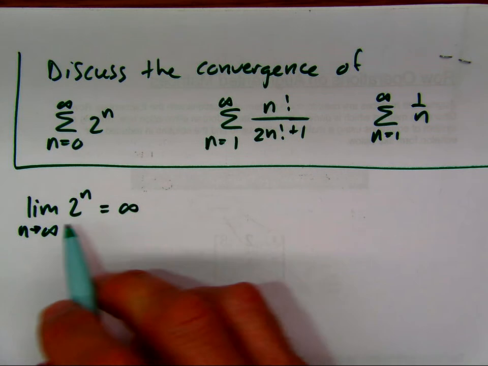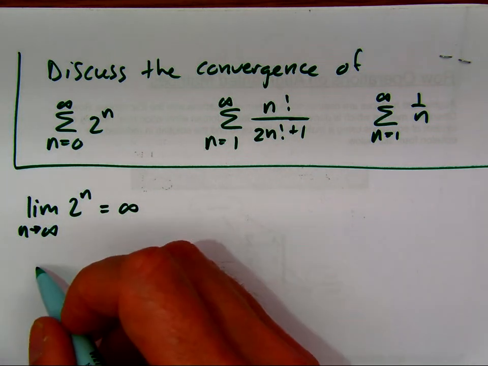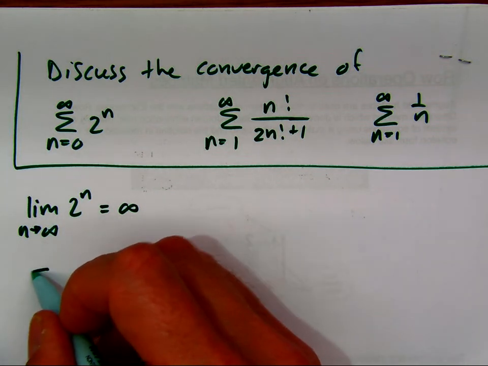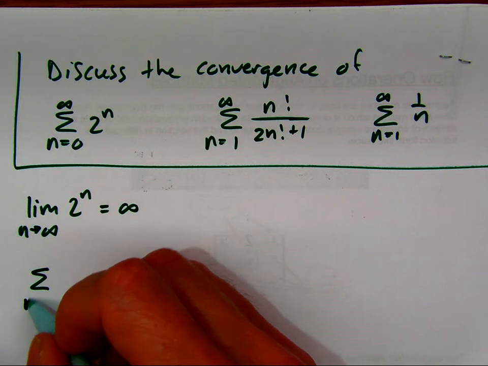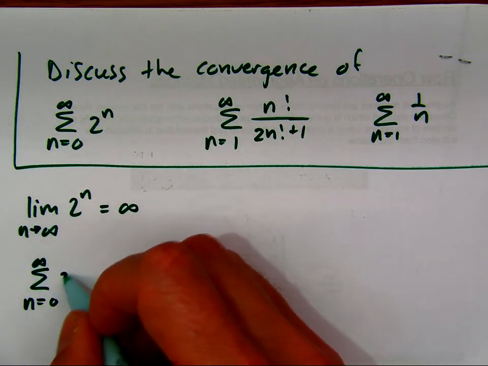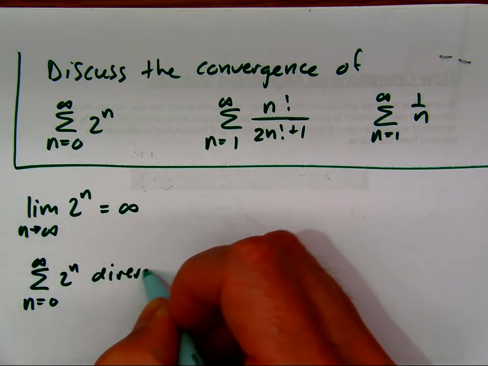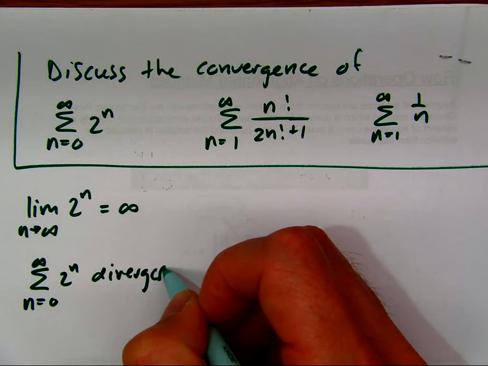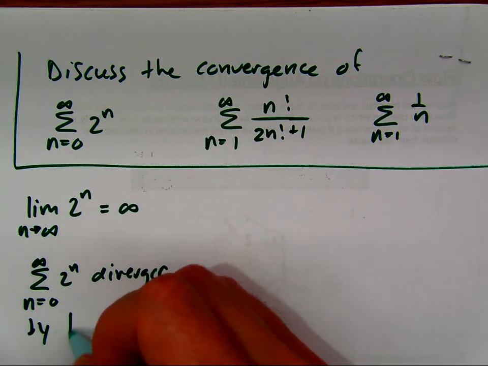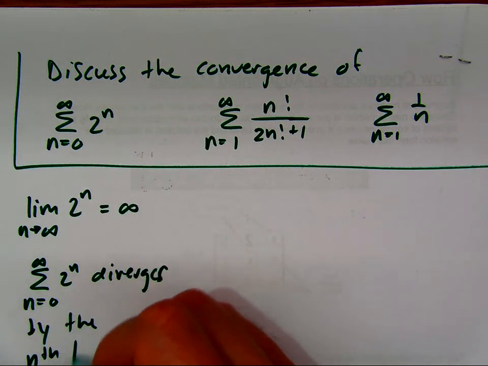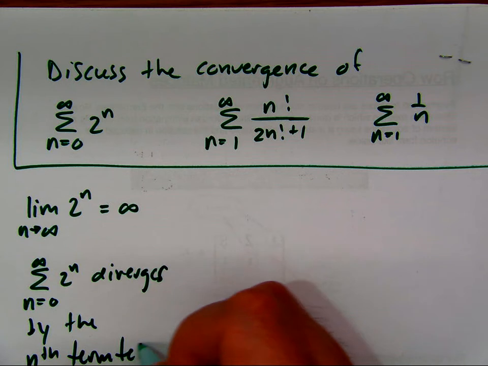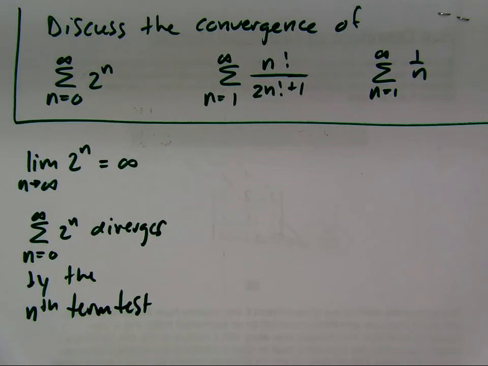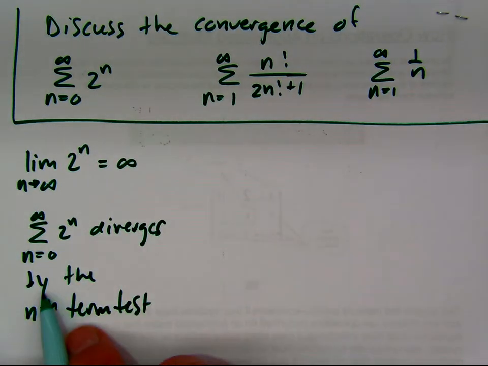If the limit is not 0, then the series diverges. And then we can say why it diverges. We just say it diverges by the nth term test.